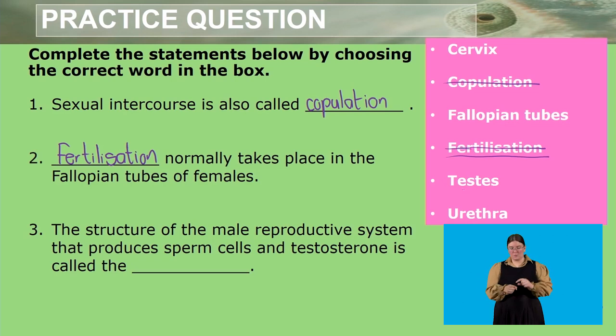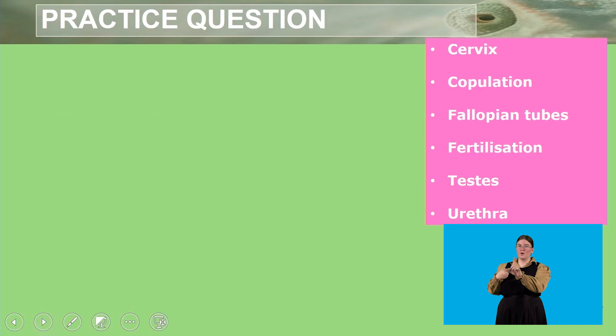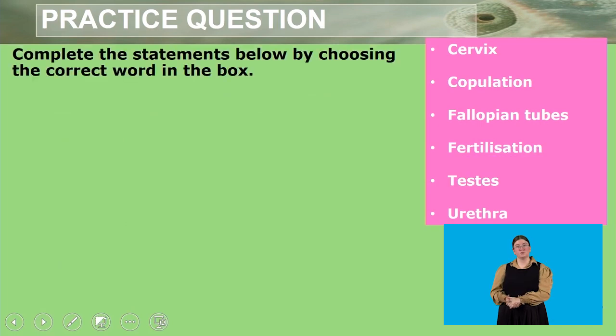We know testes is a structure or an organ where sperm cells are produced, and testosterone is also produced. So we will write testes in number 3. And we scratch it out because we've used it.